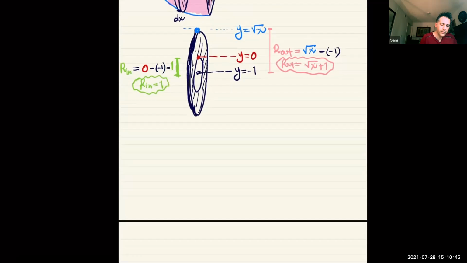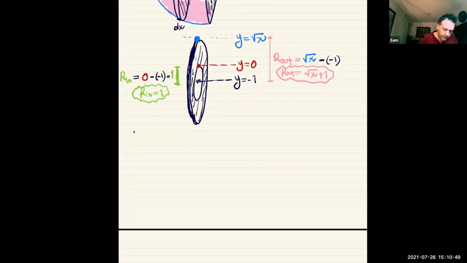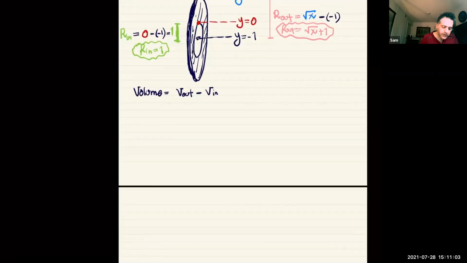So here, basically, you're going to get the volume, you're going to do the outer volume minus the inner volume. Okay, and each of these is an integral.